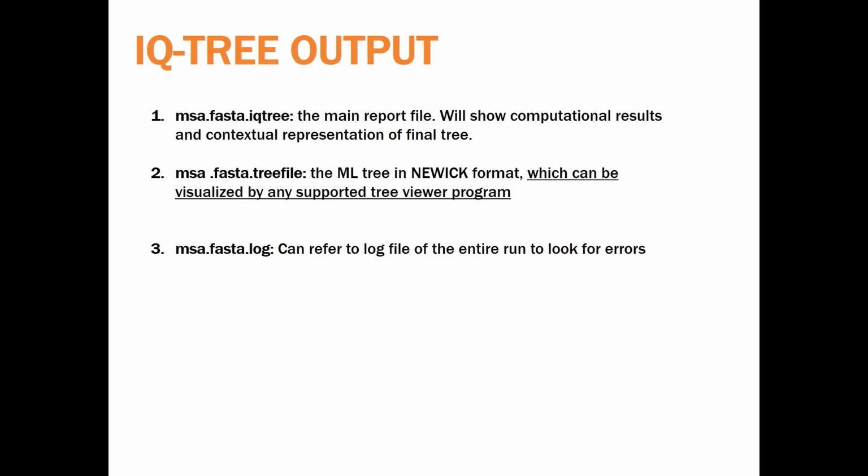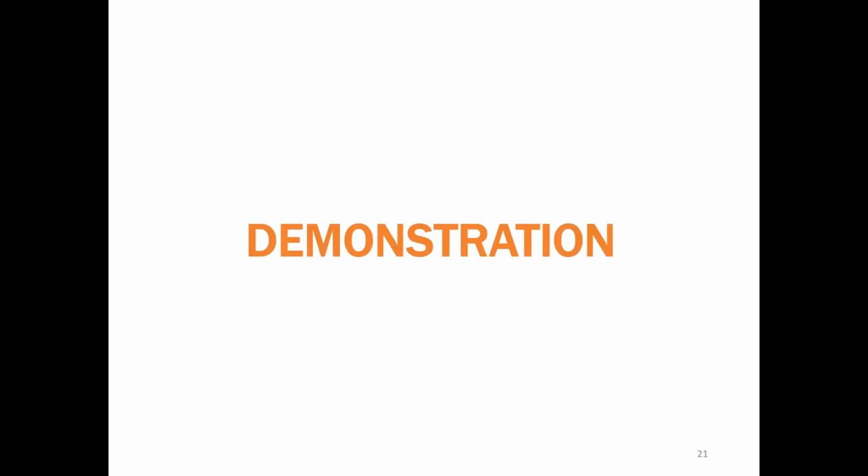This is the maximum likelihood tree in Newick format, which can be visualized by any supported tree viewer program, which is what IQ-TREE states, which is really important. And then there's the log file, which you can refer to. It has the log of the entire run, and you can look for errors if anything goes wrong. It's good to go back and look there.